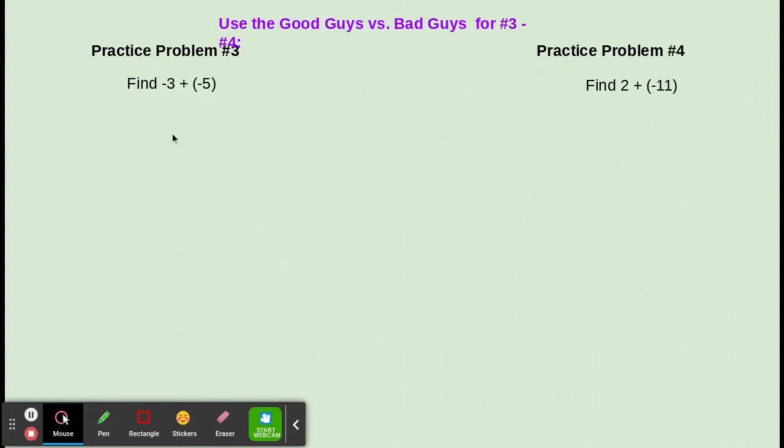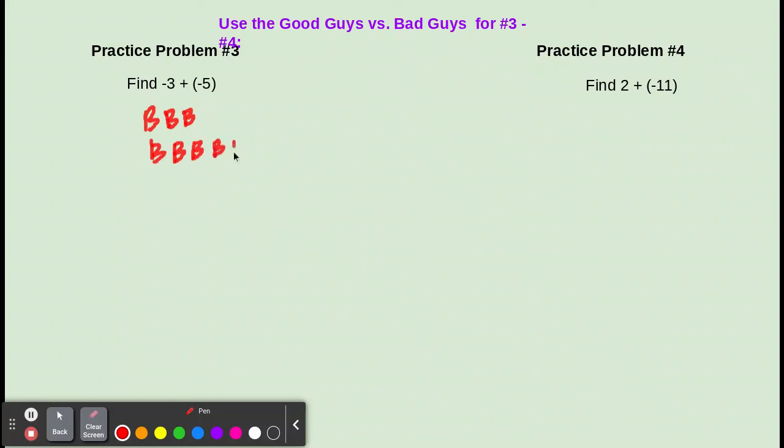For this first one, I am going to use good guys versus bad guys, right? Remembering that our negatives are bad guys and our positives are good guys. How many bad guys? And how many bad guys? Do we have anybody that's going to fight? We don't.